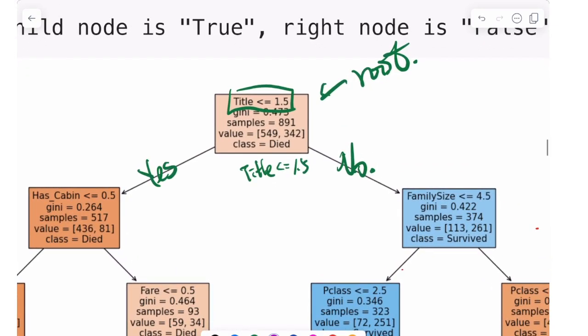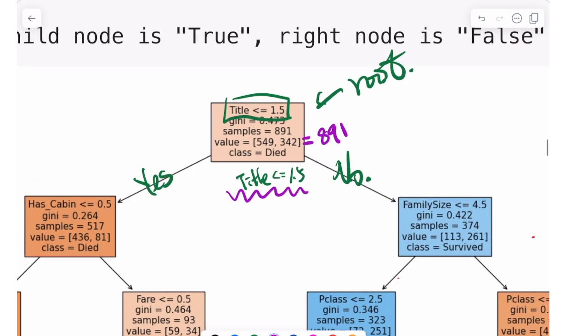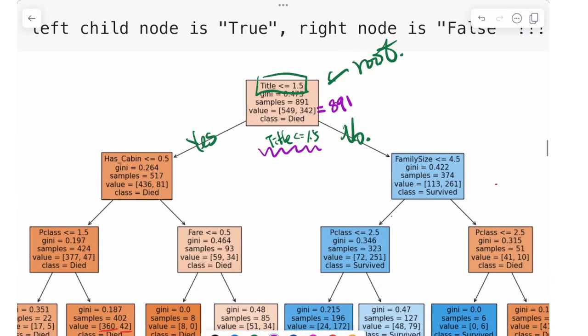Originally we have 891 passengers, and we ask one specific question and divide those passengers into two subgroups, the left hand side and the right hand side.